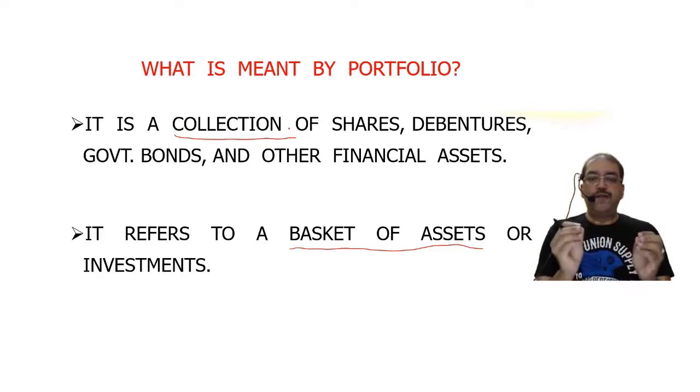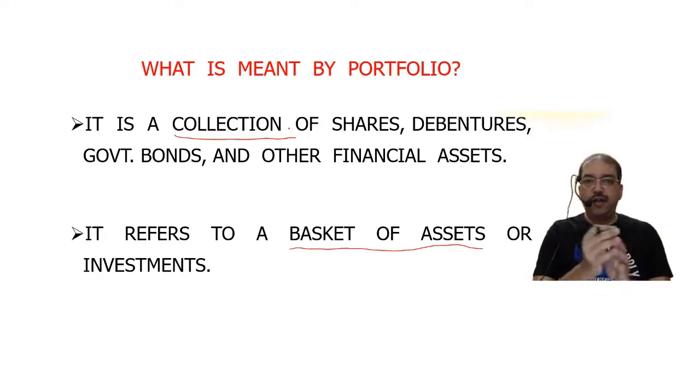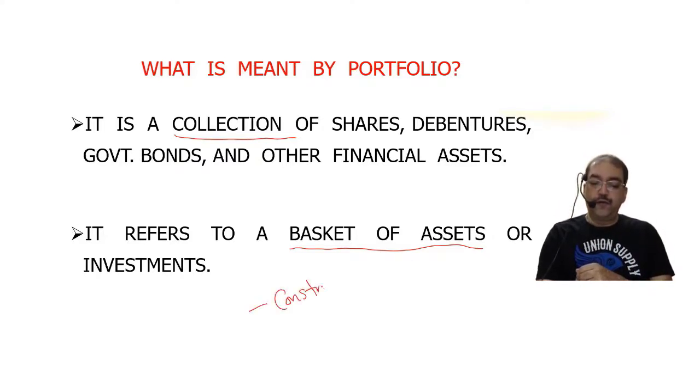It is by investing in different types of financial assets, which will help me to have a portfolio of a variety of investments, different type of investments. So when I have a variety of investments, then the first step to that is, what did I do? I constructed a portfolio. So the first step is construction.